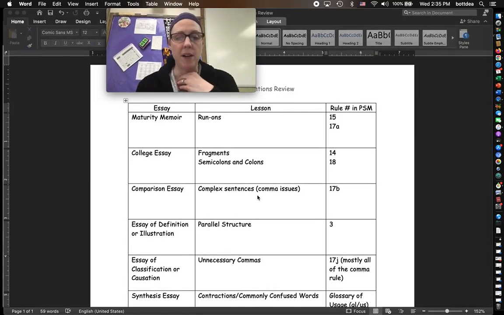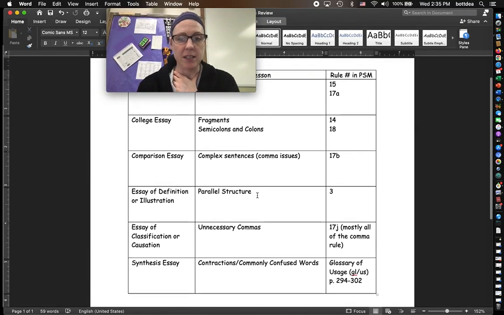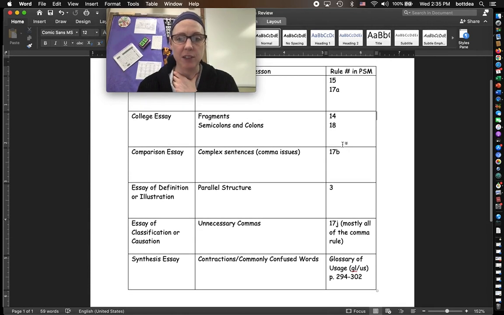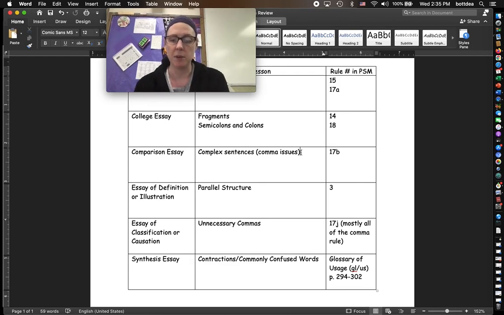All right, now we're ready to move on to complex sentences. And complex sentences, what I've listed here for you is Rule 17b. Again, Rule 17 is the comma rule. But basically what's happening here is you need to remember if you need a comma or not with a complex sentence. And so I'm going to add something here, and that is the letters IC and DC.